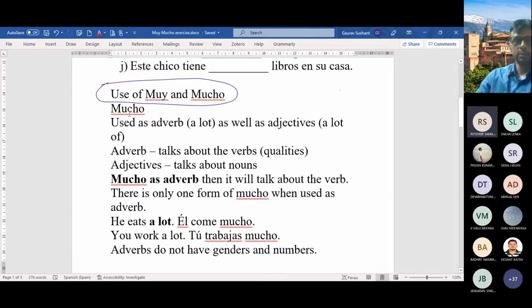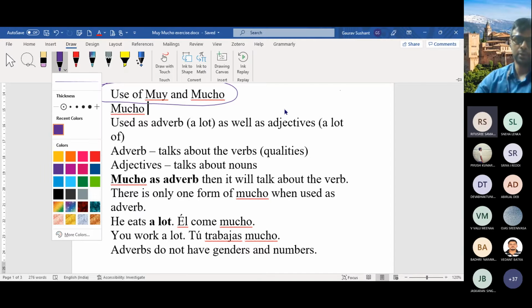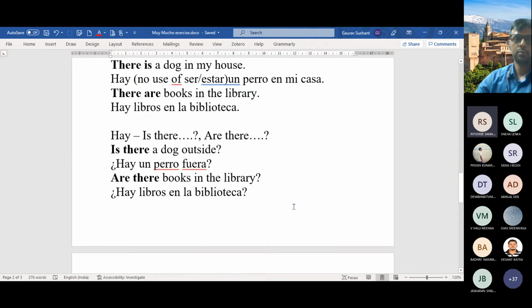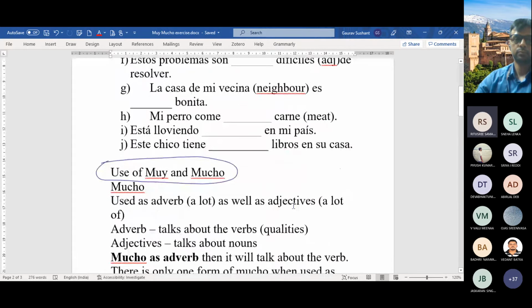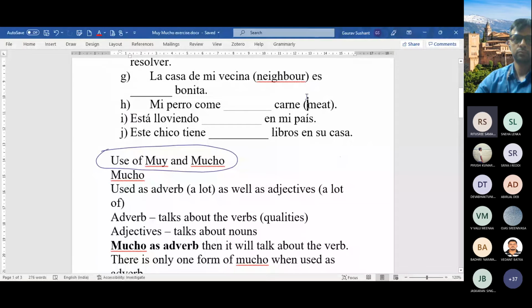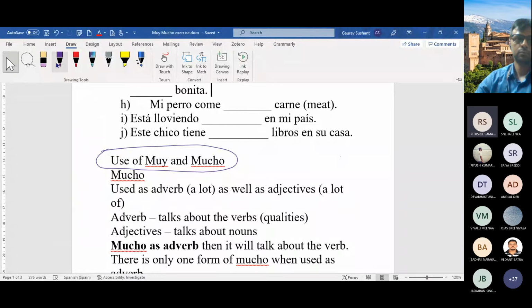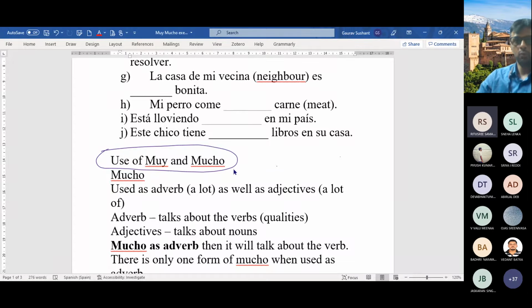So the thing is, MUCHO has two types of characteristics. MUCHO has two different types of characteristics.